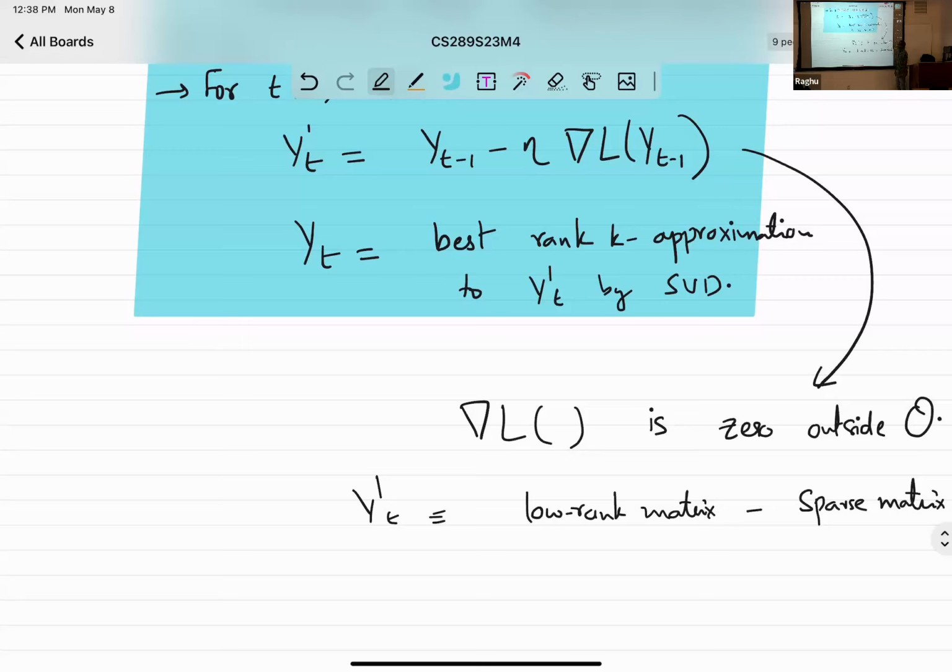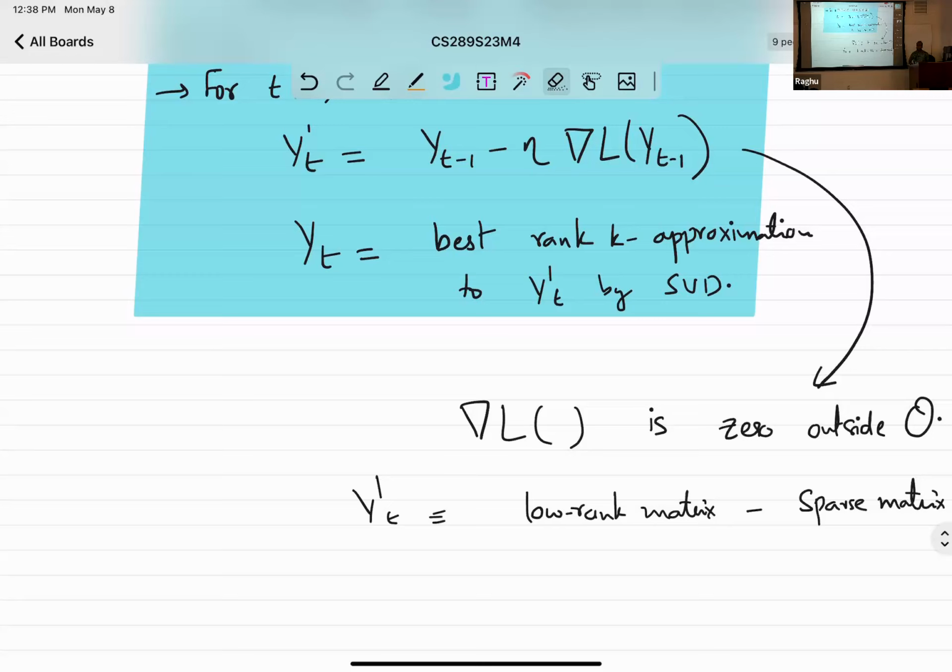So you can actually compute matrix vector products with this y prime t much faster. And this is essential if you want to apply this to something like Netflix data, because as I said, it's 8 GB of memory and you don't want to ever store such a thing if you can avoid it.